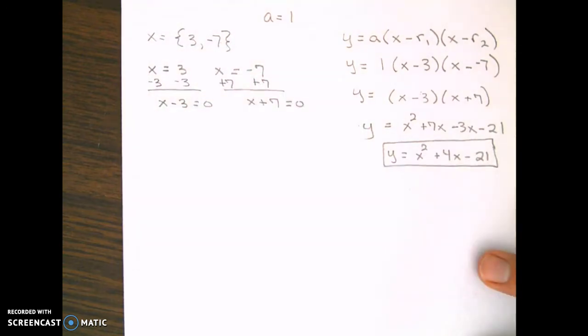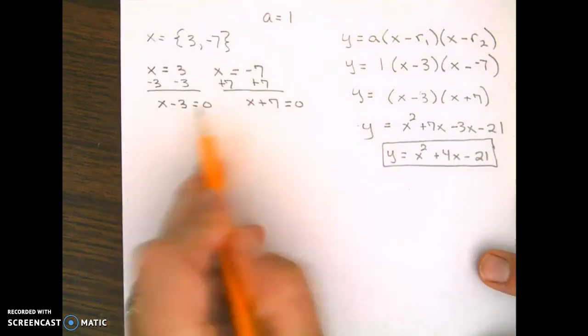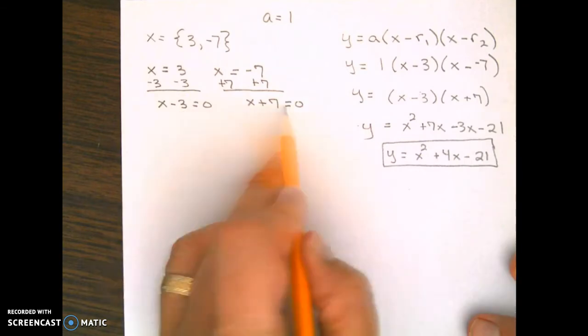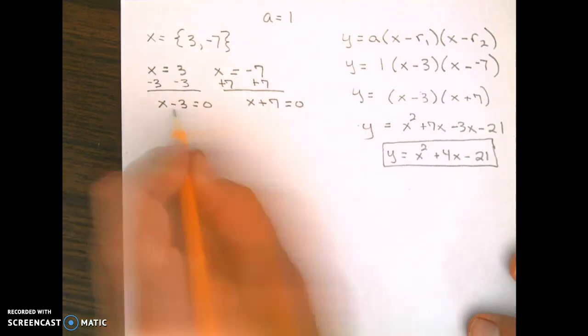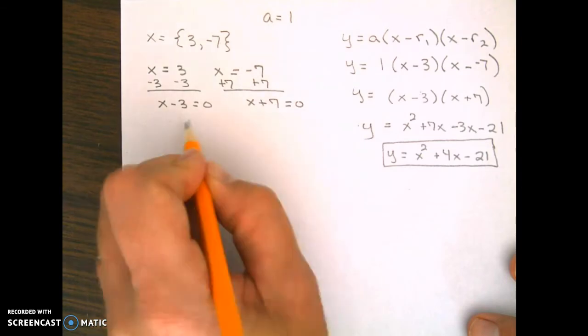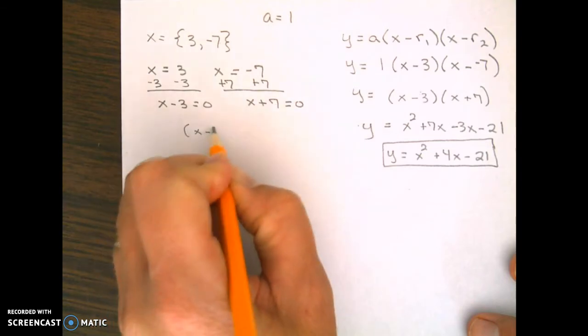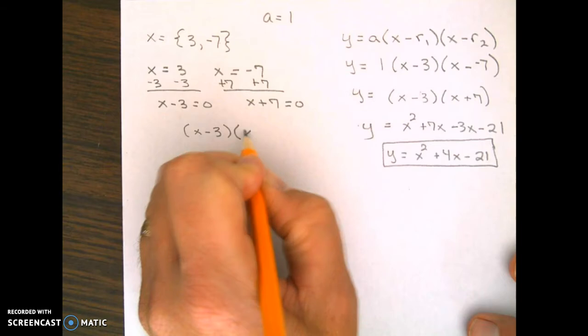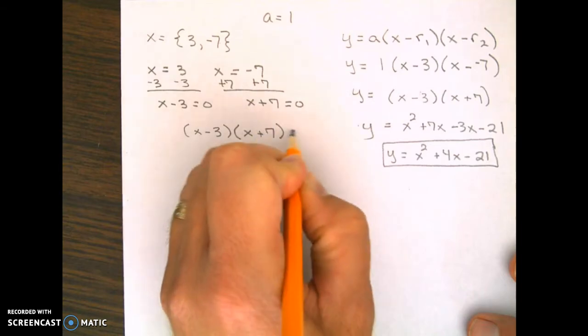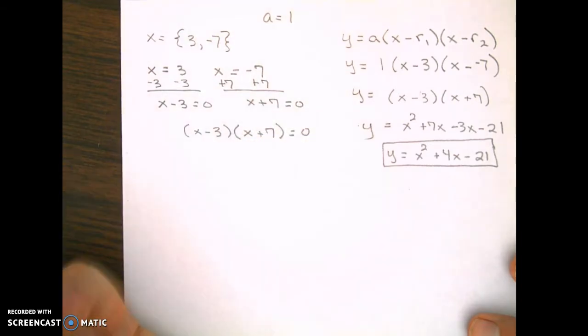So we're kind of working backwards from what we were doing yesterday. And then using the zero product property, we can set these two right here, x minus 3, and multiply that times the x plus 7, working backwards on the zero product property.